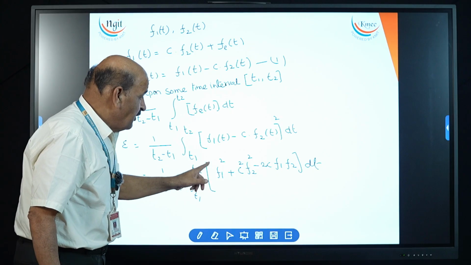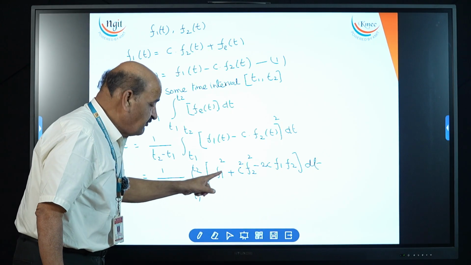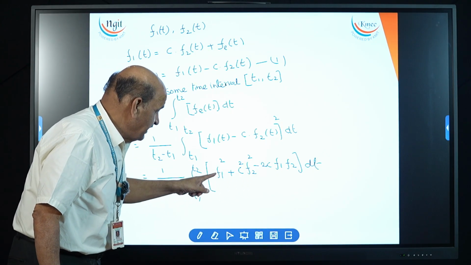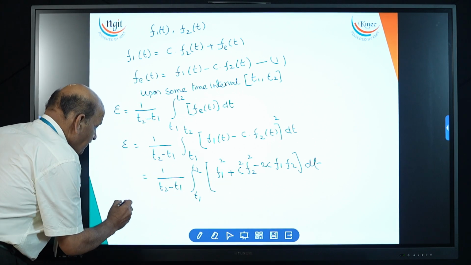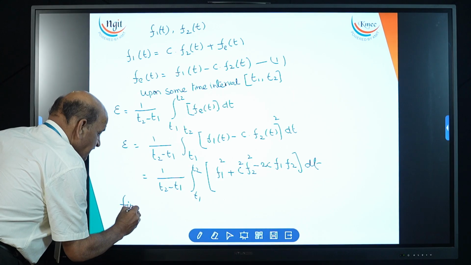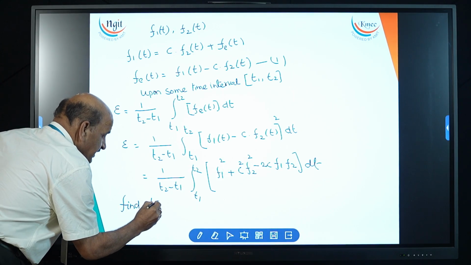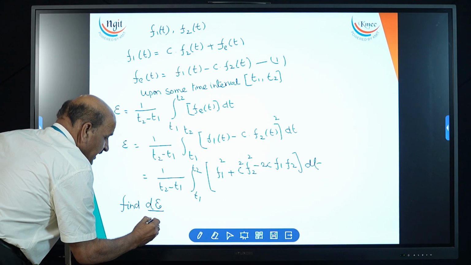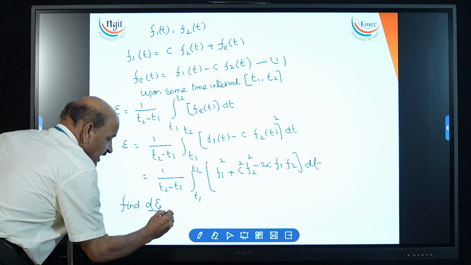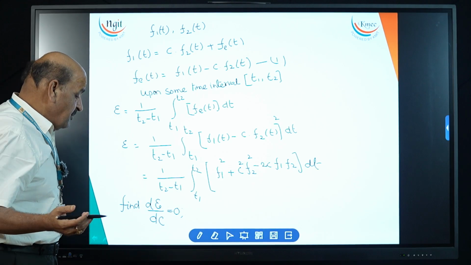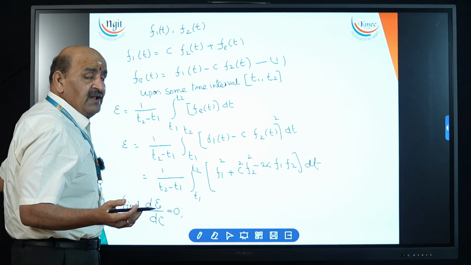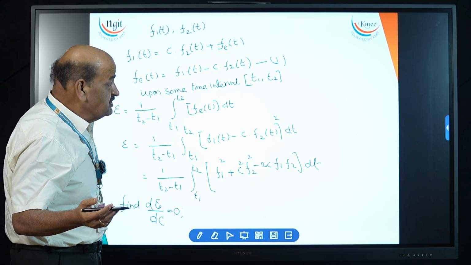But here we have to differentiate the given equation with respect to c only. That means find d epsilon by dc and make it 0. Because to find a maximum or minimum value, its value should be 0.